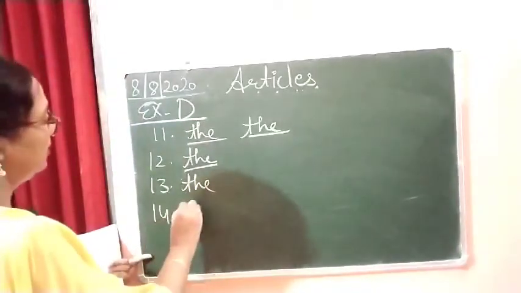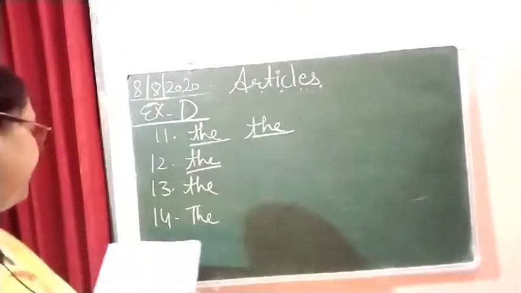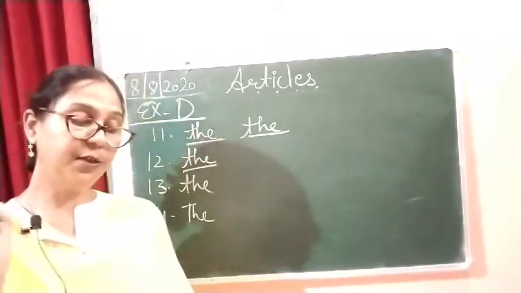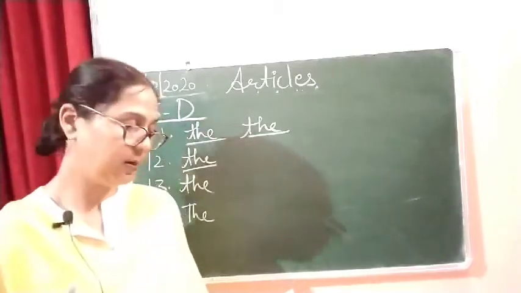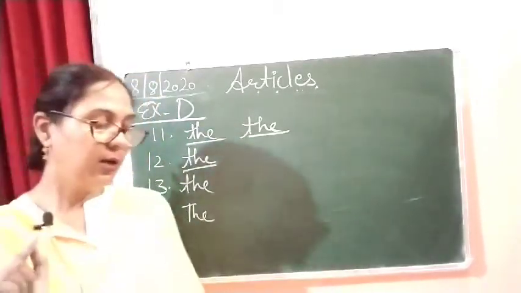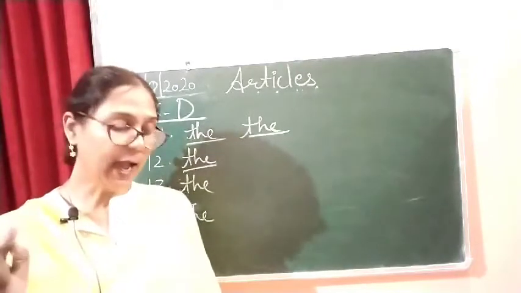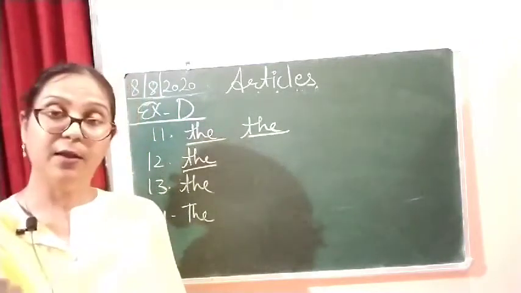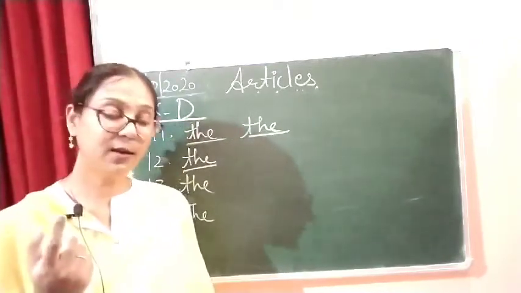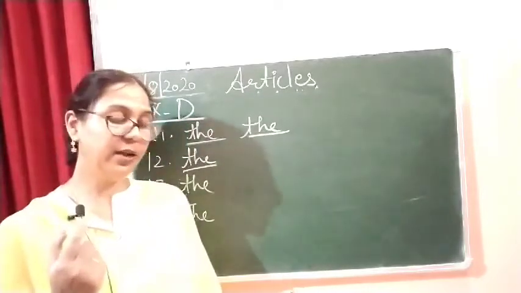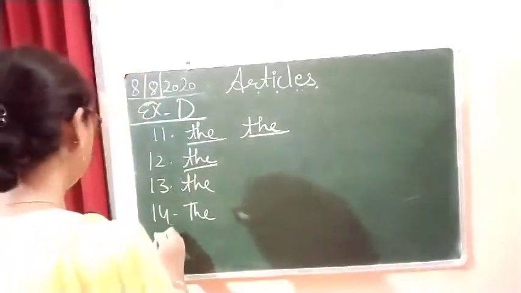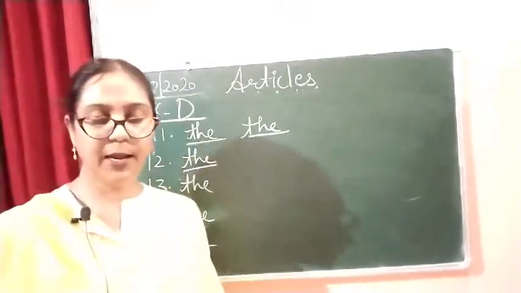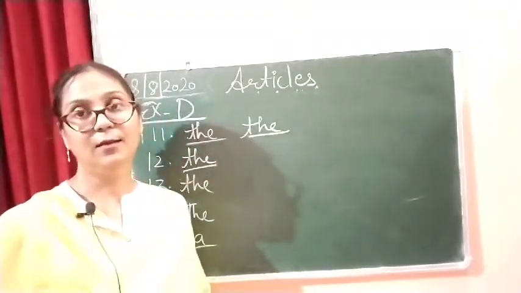So 14, the beauty of the girl fascinated everyone. Now in 15, New Delhi is dash very costly place to live in. Now what we are going to write over here? We are going to write over here New Delhi is a. In 15, New Delhi is a very costly place to live in.